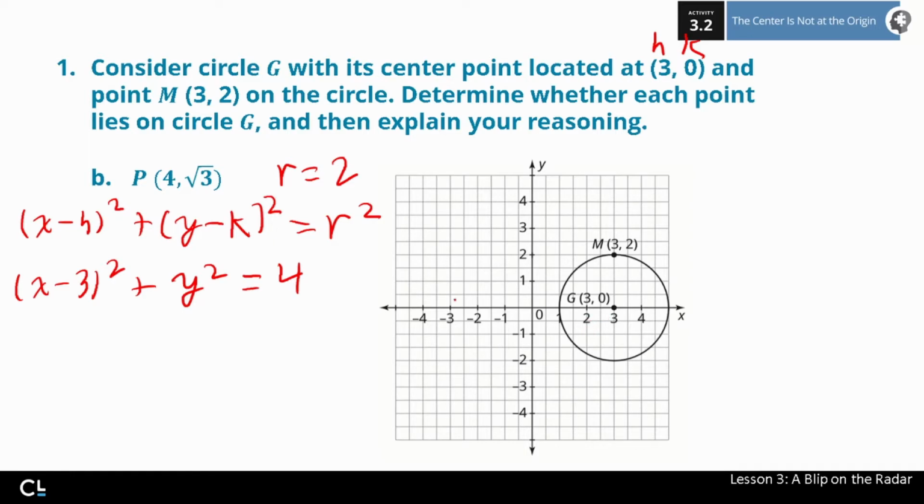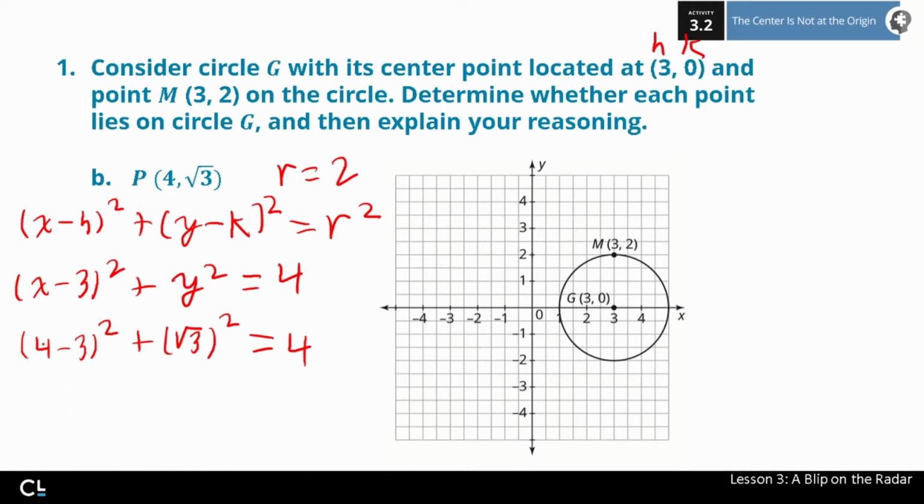So if we want to know, is 4, radical 3 on this circle, we could plug it right in. So let's do that. We get 4 minus 3 squared plus radical 3 squared equals 4. And I could actually do this math all myself now, right?